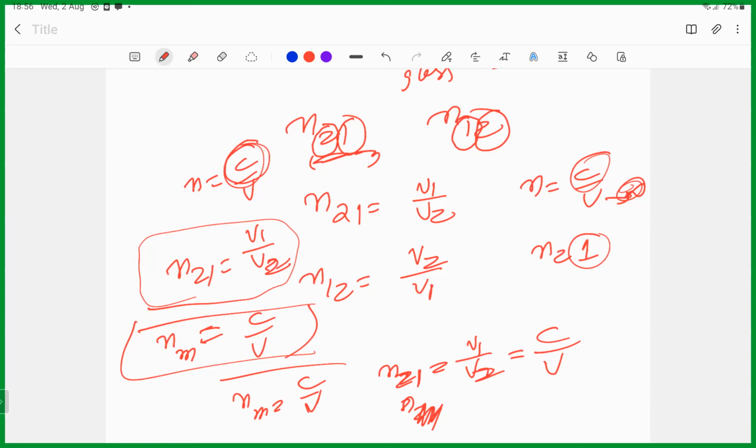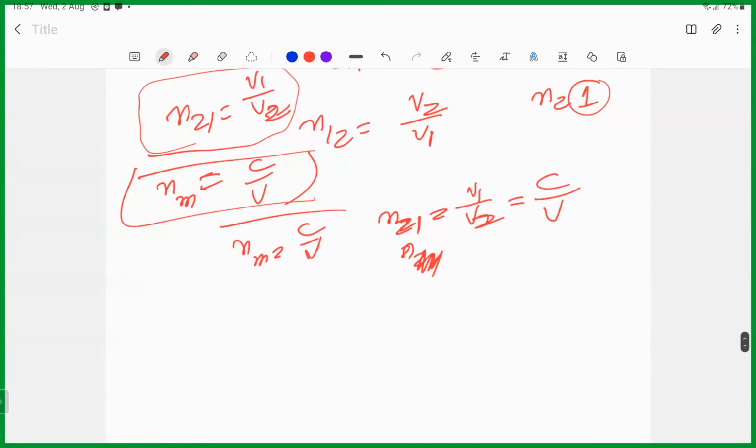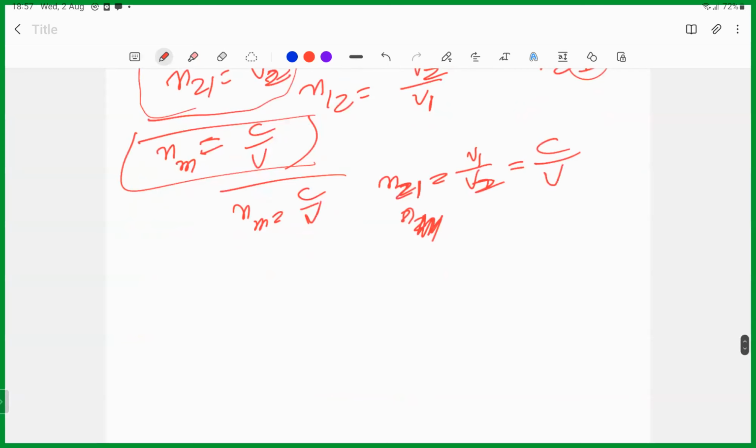In that case, you can call it the absolute refractive index of the medium, which is nothing but nm, that particular medium. So n21 is the refractive index of medium 2 with respect to medium 1, and n12 is the refractive index of medium 1 with respect to medium 2. When medium 1 is air, we call it the absolute refractive index, and you can take out that subscript and just say the refractive index of the particular medium, nm.